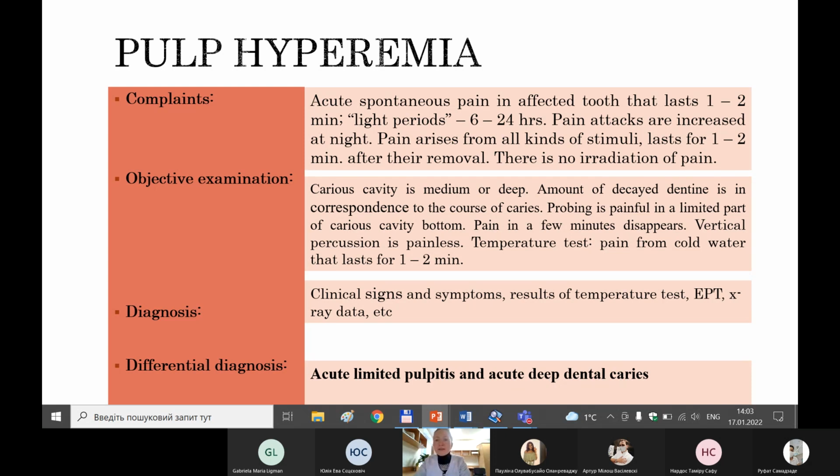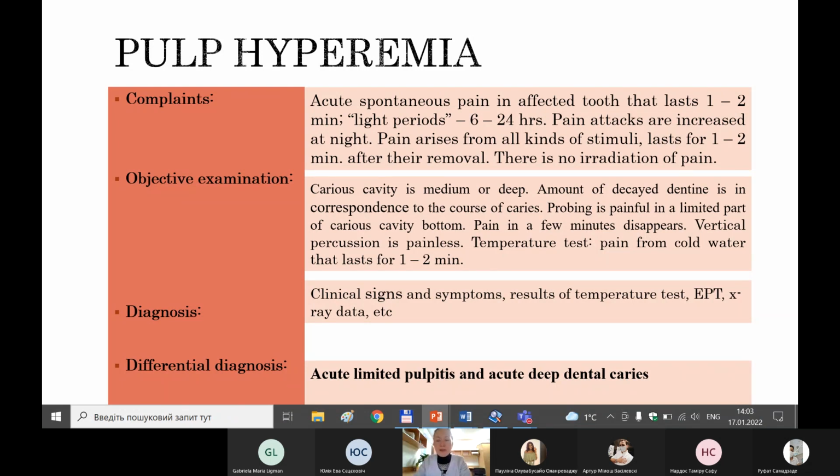Pain attacks increase at night. Pain arises from all kinds of stimuli and lasts for 1-2 minutes after their removal, and there is no irradiation of pain in this case. So the patient can clearly indicate which tooth is causing the pain and discomfort.